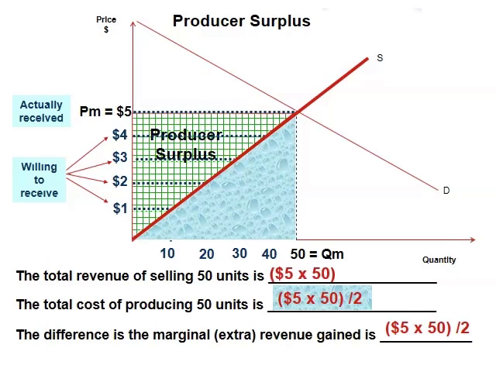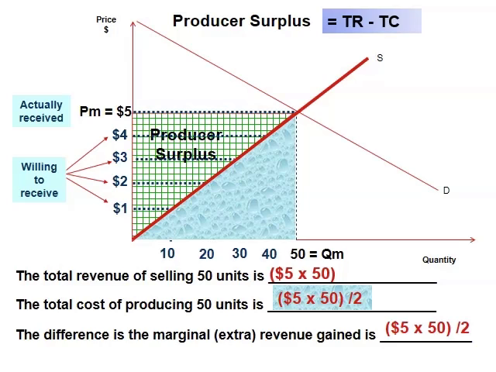So a closer analysis: if we look at the total revenue of selling 50 units, remembering he's getting $5 for all those units, it is 5 times 50. Now the total cost of producing 50 units is the area under the triangle.